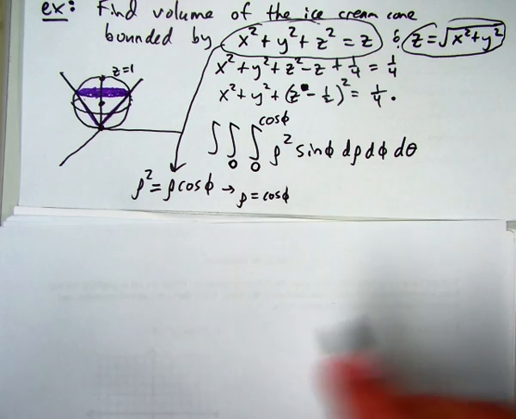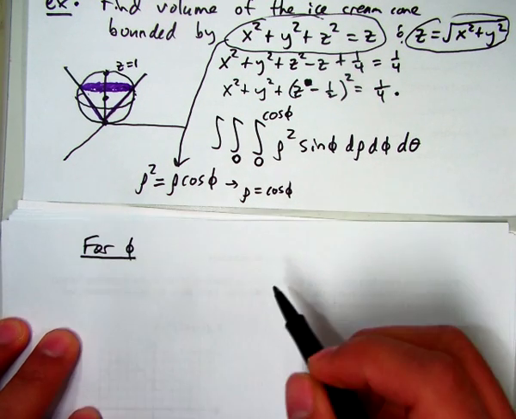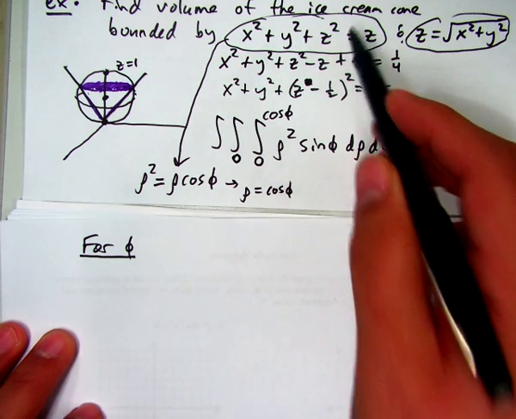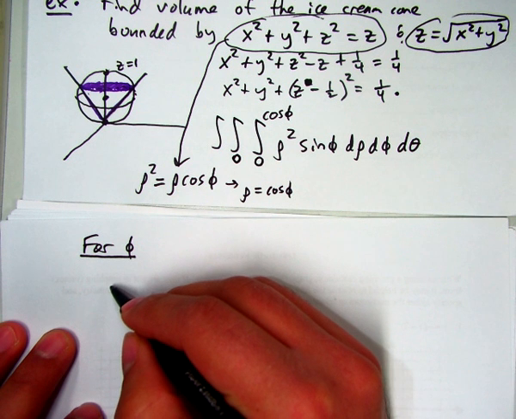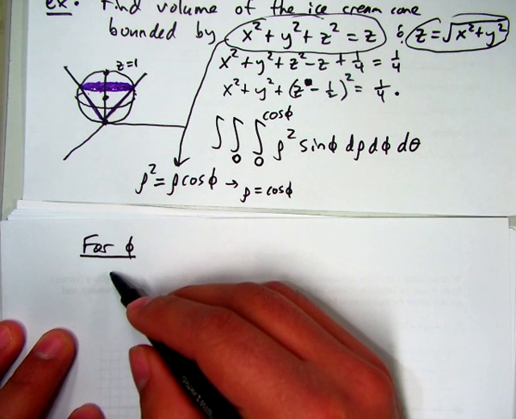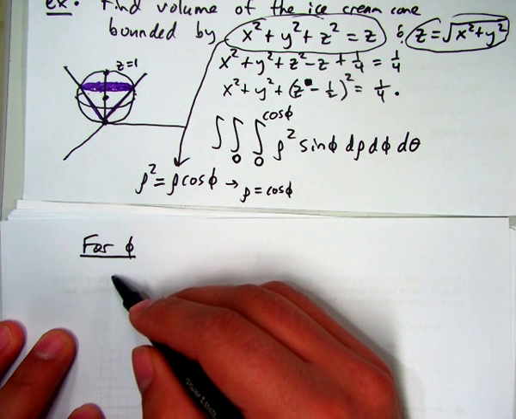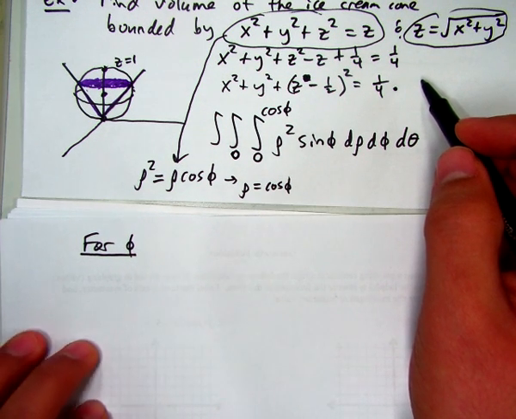So for phi, if we set these two equations equal to each other in spherical, that's probably a good way to go. Or better yet, I guess we can just use this equation here.